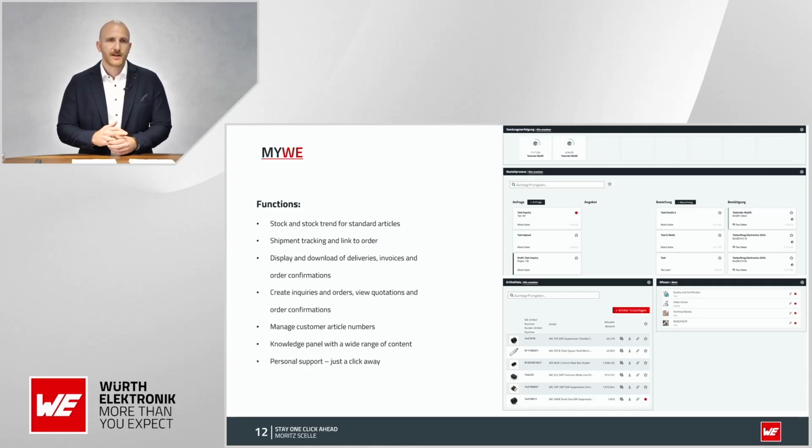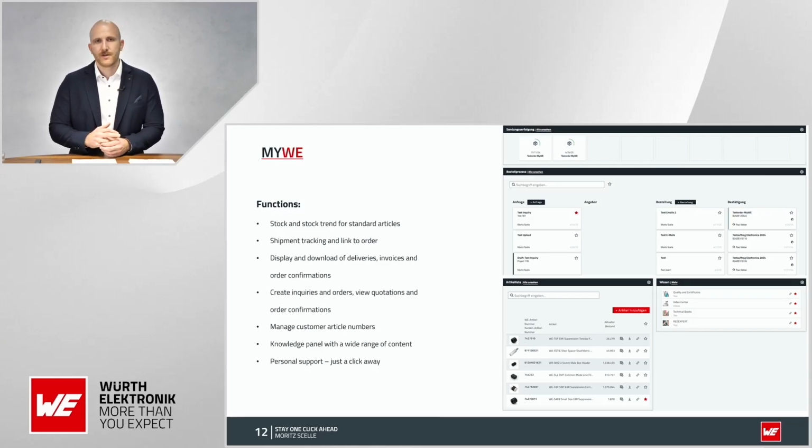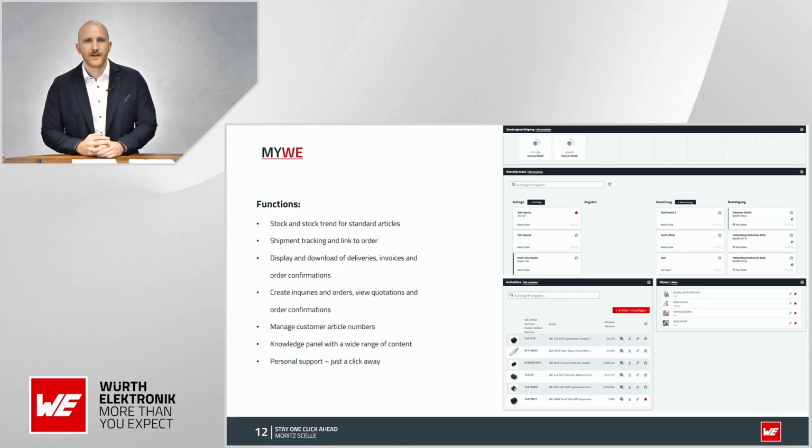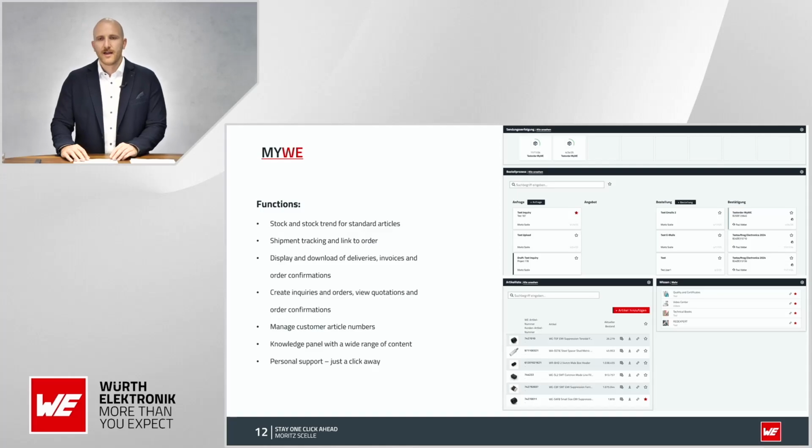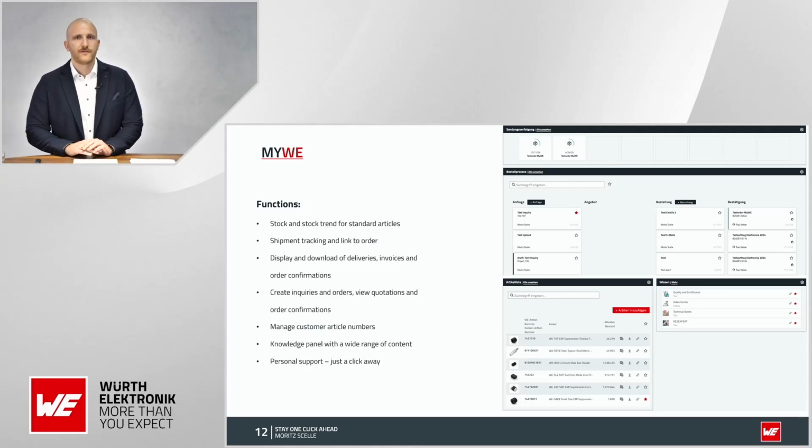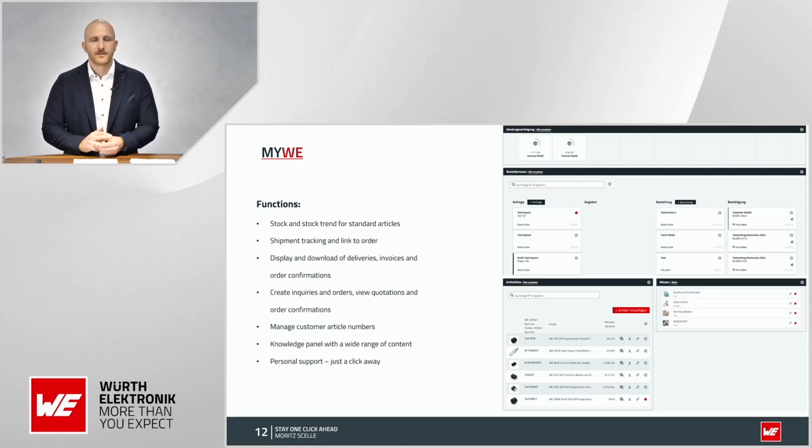We have shipment tracking: every shipment leaving our warehouse to your destination is shown at the top, with live tracking updates, so you can see directly if there is any delay on the shipment, or if a new shipment will arrive at your destination soon.